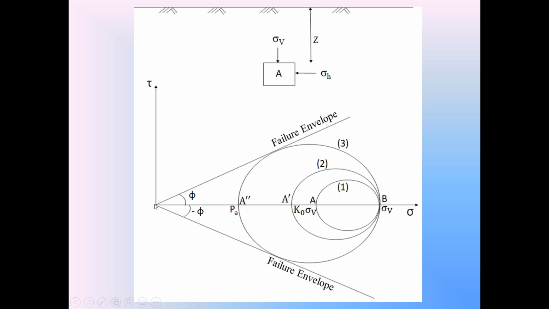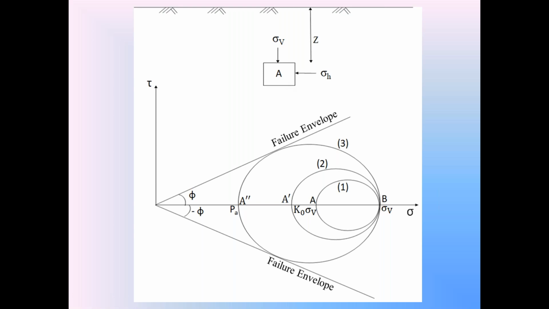Then from the origin up to this point A, this is the horizontal principal stress sigma H on the soil element. Sigma H is equal to K naught into sigma V. So this first Mohr stress circle is for this soil element A when the element is in rest condition.